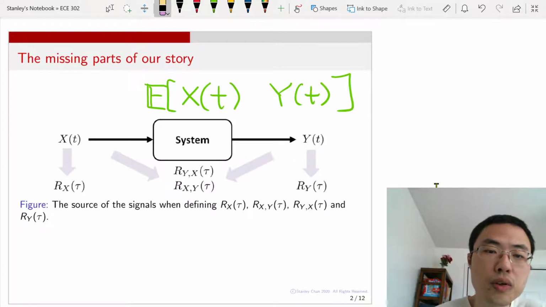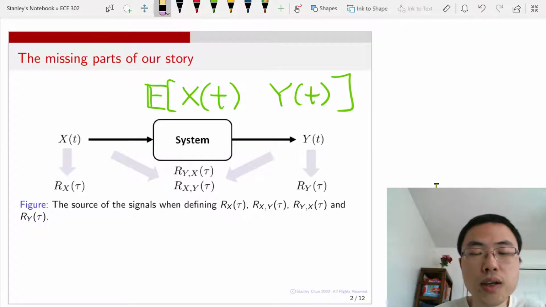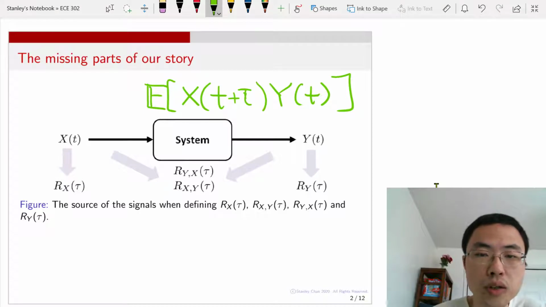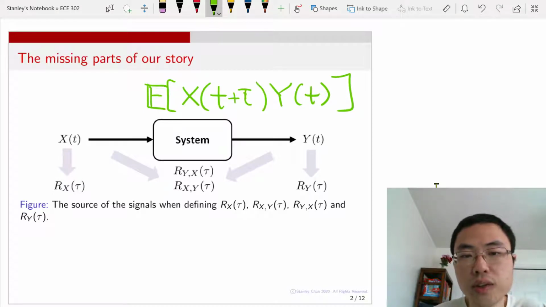In addition, because I know that x and y are both wide-sense stationary processes, what I should expect is that this correlation function should also be related to just the time difference between the two time stamps I'm looking at. In particular, if I'm looking at x not at t, but at t plus tau, and y at t, I can define this quantity.